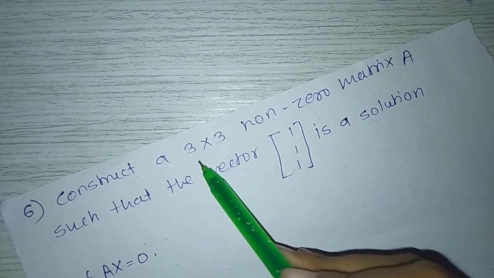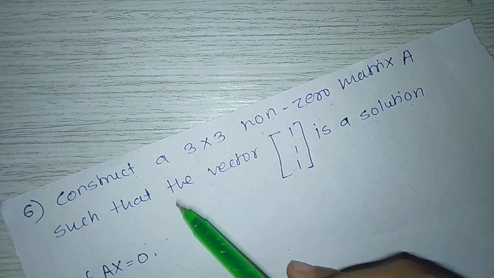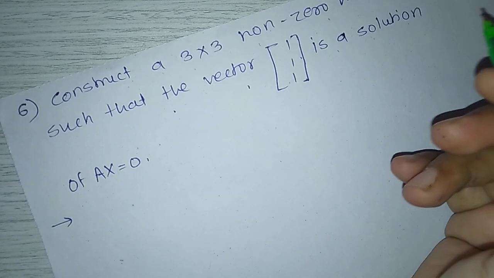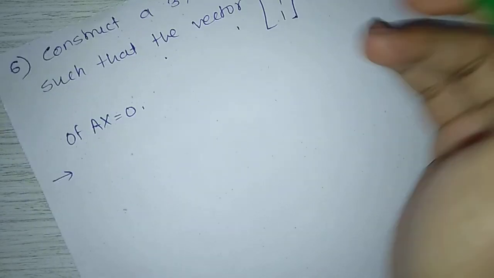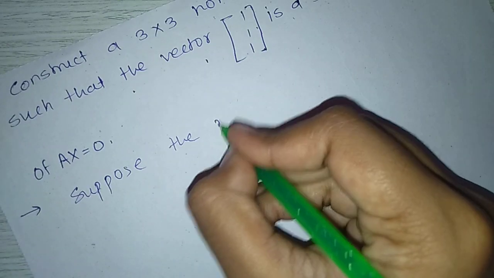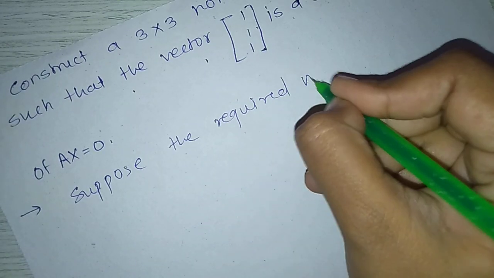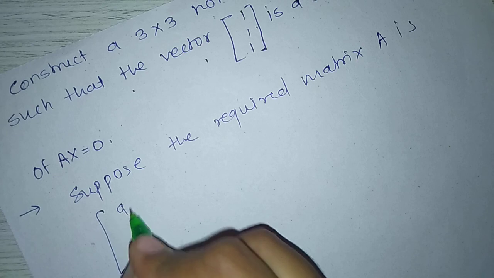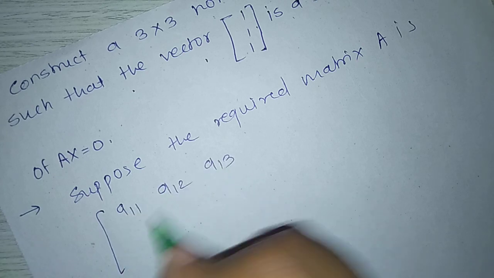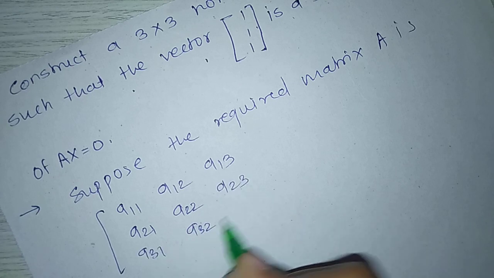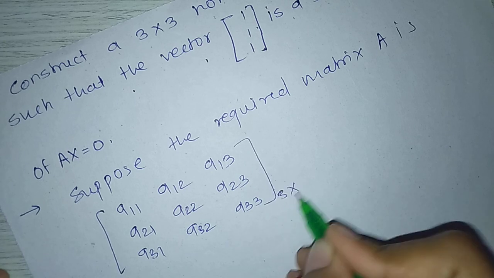Next example, construct a 3 by 3 non-zero matrix A such that the vector (1, 1, 1) is a solution of A x equal to 0. Suppose the required matrix A is the 3 by 3 matrix with entries A11, A12, A13, A21, A22, A23, A31, A32, A33.